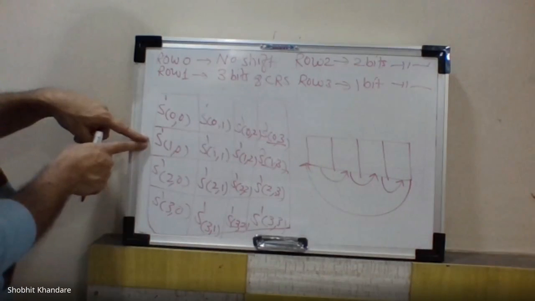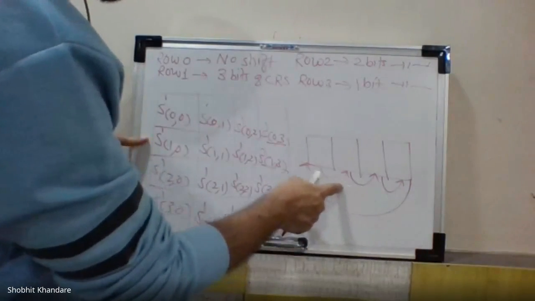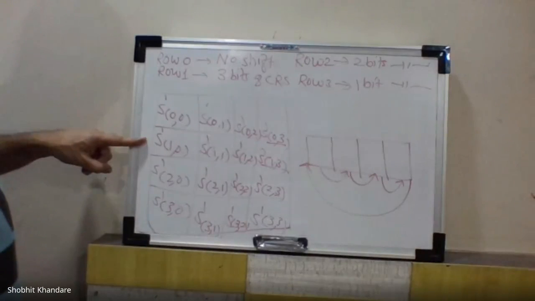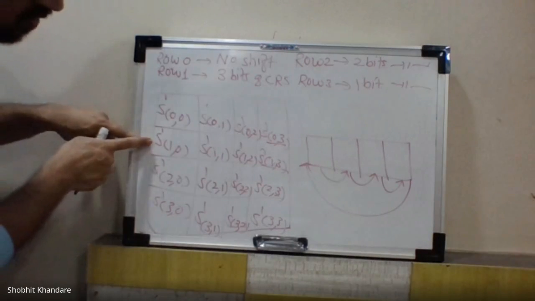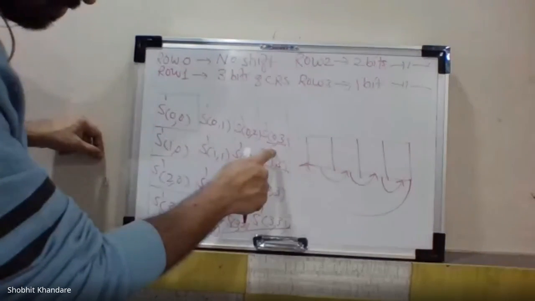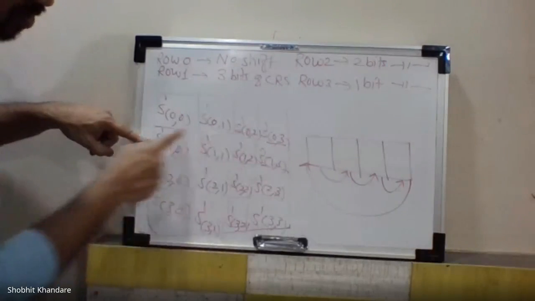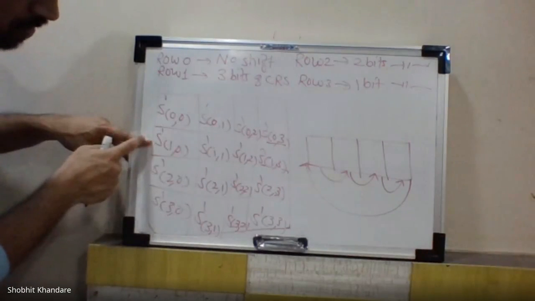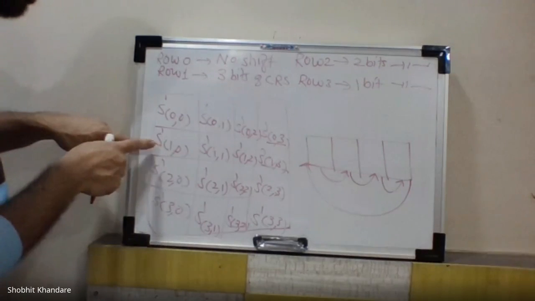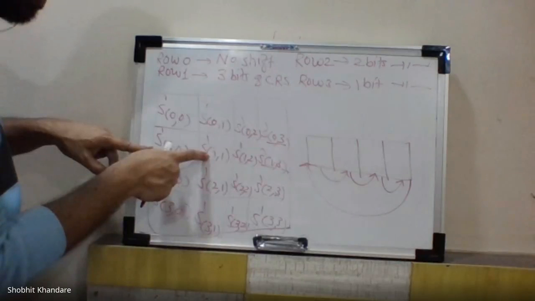So can any one of you tell me, by using this 3 bits of circular right shift, we'll start from here. Right shifted, so this will move to this position. This position will become S dash 1 comma 3. What will happen to S dash 1 comma 0? This will be shifted here.